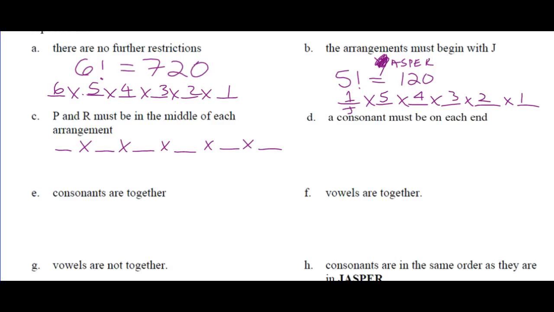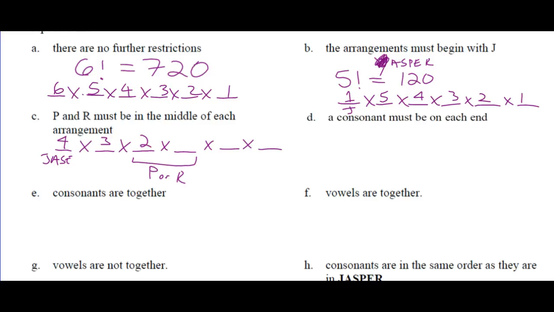It could be a J, an A, an S, or an E. How many choices for the next letter? 3, right? So this is J, A, S, E. How many choices for the next letter? P or R, so 2, right? It could be the P, it could be the R.